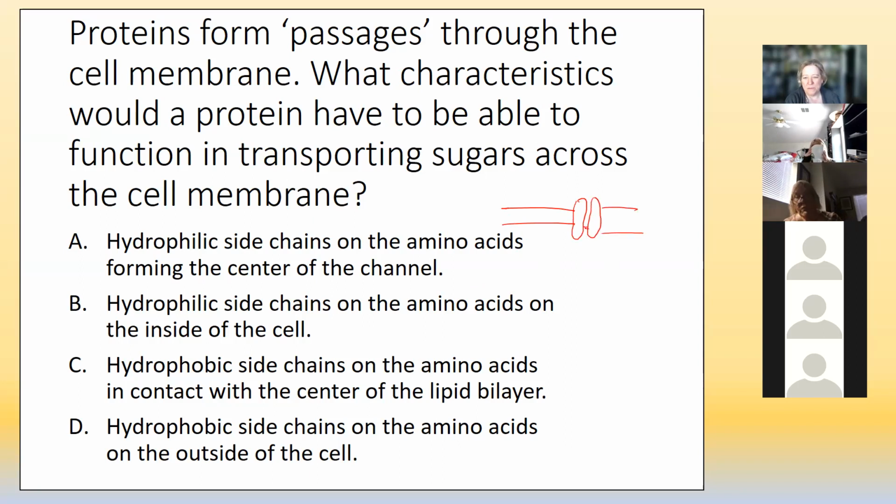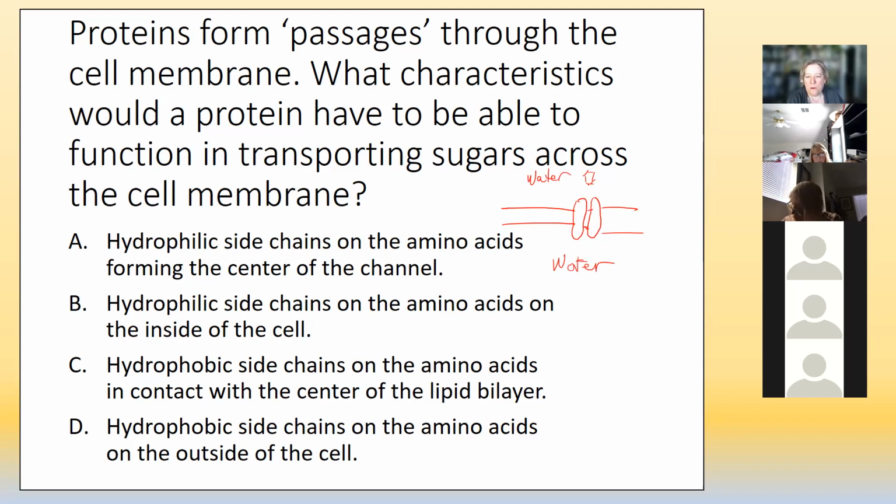Oops, I didn't draw that very evenly. I've got to be able to allow hydrophilic sugar to get from the outside that has water to the inside that has water.